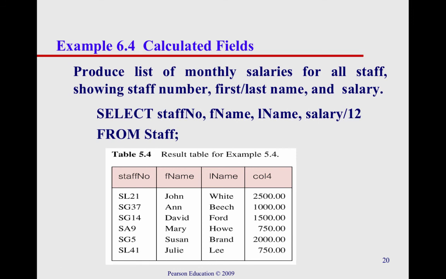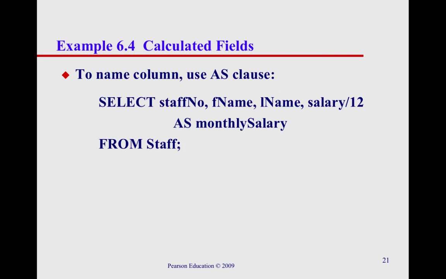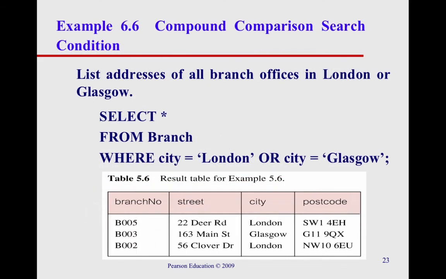Now the issue with that, notice that in the book, it just prints it out as column 4. That's not very descriptive. In MySQL, it would print out as salary divided by 12. This is where using the as is nice. So you'd probably say salary divided by 12 as monthly salary. And then you'd get a nice name. There we go. It'll come out now with monthly salary. Okay, moving on.